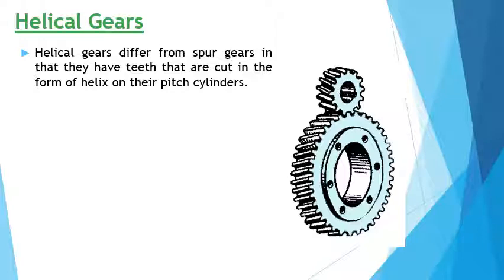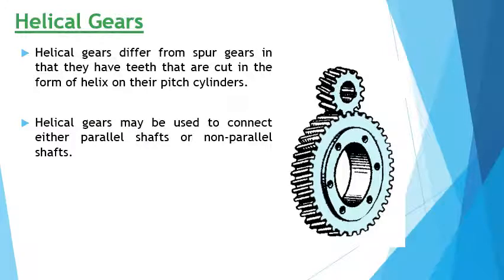That is, the teeth are in the form of a helix on their pitch cylinders, and helical gears may be used to connect either parallel shafts, or non-parallel or crossed shafts.